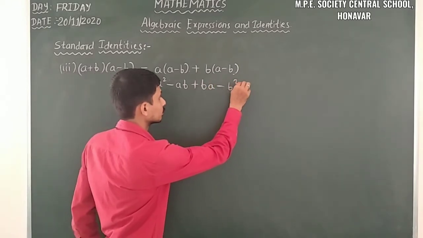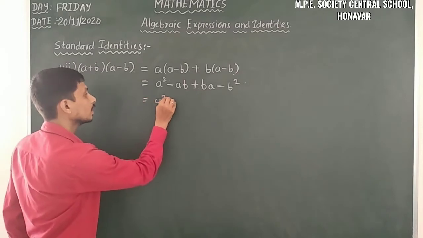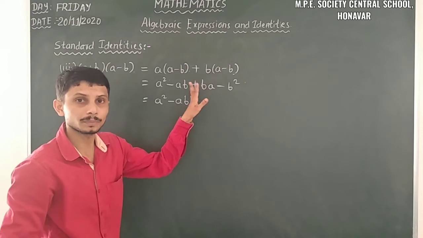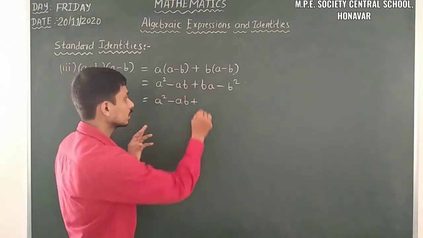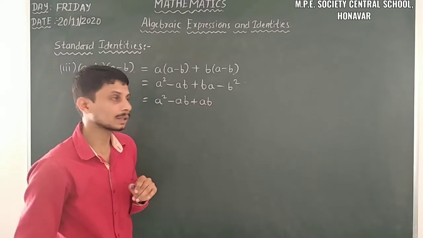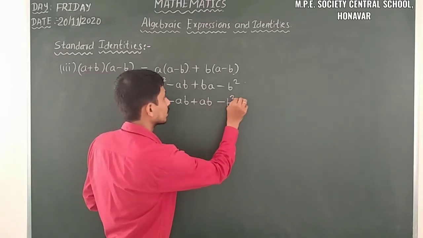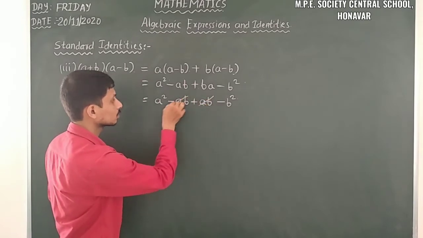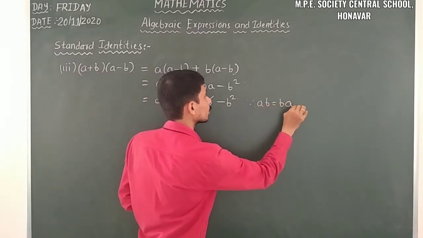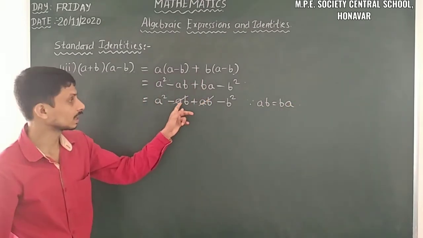So it is a square minus ab plus, here I will take ba is equal to ab, those two are equal, by the commutative property for multiplication, plus minus b square. Yes. So here I will cancel out those terms, because ab is equal to ba, both are the same.